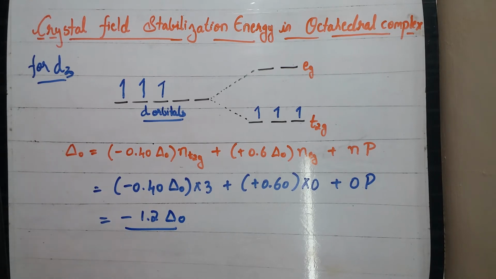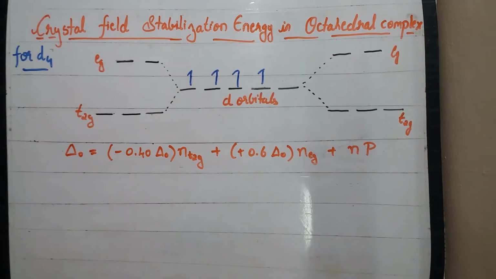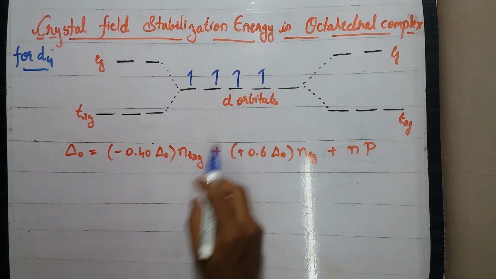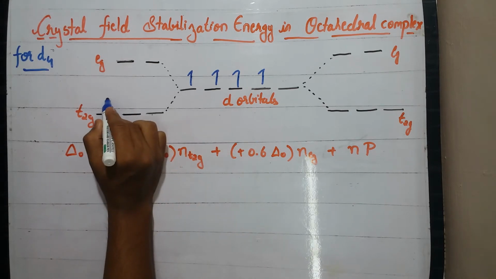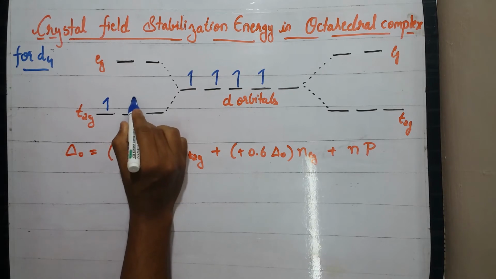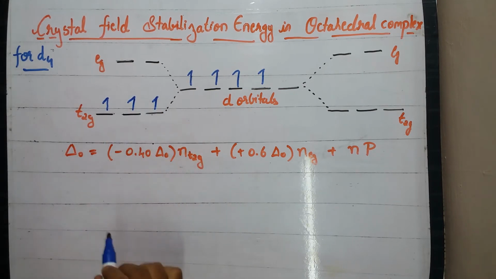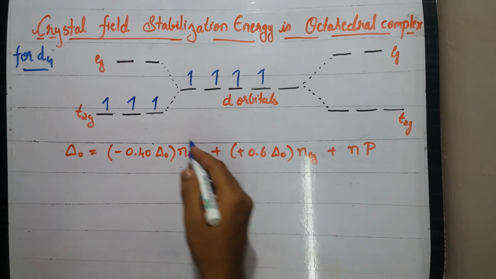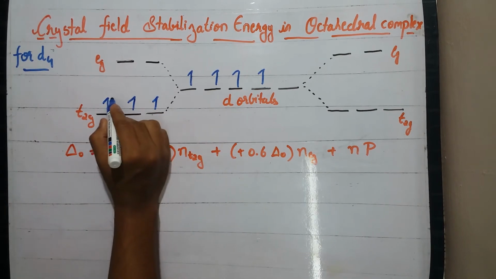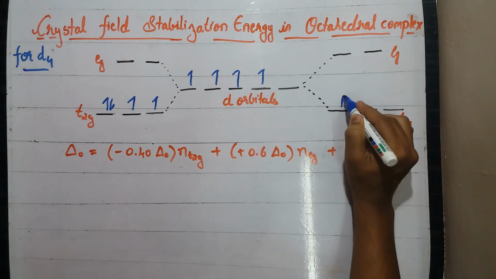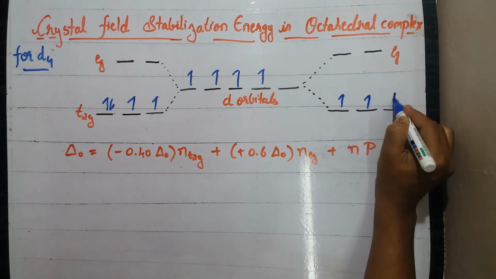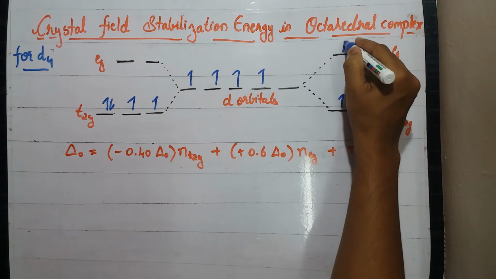Now let us consider the example for the d4 system. For d4, there are 4 electrons in the d orbitals. It can be filled in this way, that is T2g3, and there is a probability of spin pairing of this electron in this way, or there is a chance of an electron being added to the Eg orbital.